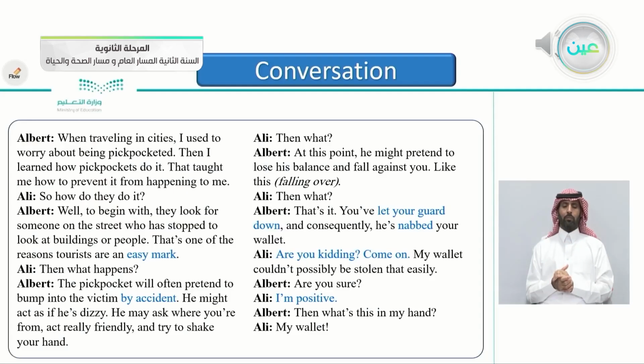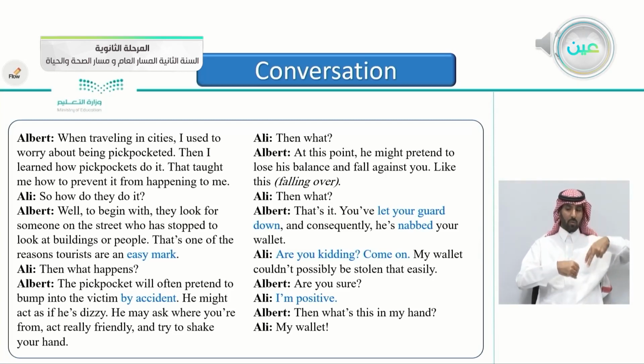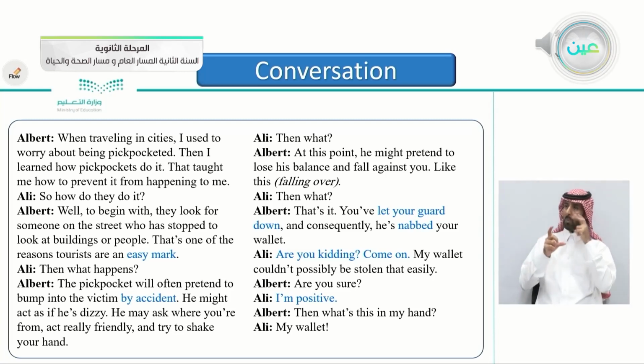Let's listen. Crime doesn't pay. When traveling in cities, I used to worry about being pickpocketed. Then I learned how pickpockets do it. That taught me how to prevent it from happening to me. So how do they do it? Well, to begin with, they look for someone on the street who has stopped to look at buildings or people. That's one of the reasons tourists are an easy mark.